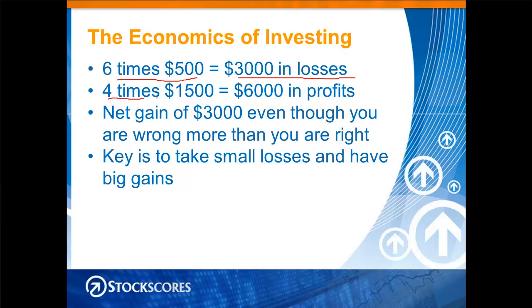On the other 4 trades, we made an average of $1,500, which means we had $6,000 in profits after those 10 trades. The net result is that after 10 trades, we've actually gained $3,000, even though we were wrong more than we were right.